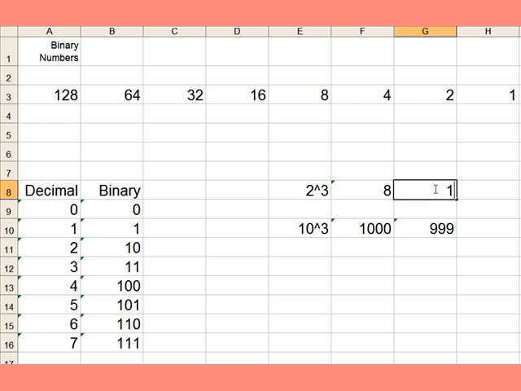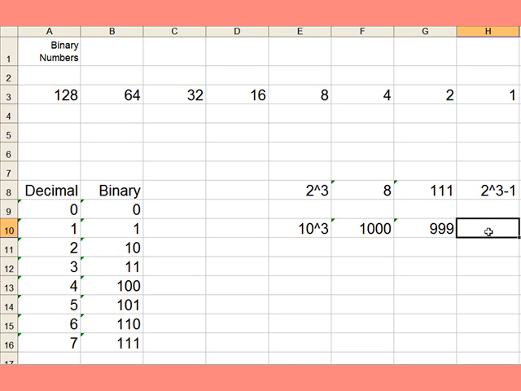And in binary, 111 is the largest value you can represent in 3 binary places. 2 to the power of 3 is 8, and 10 to the power of 3 is 1000. So we might say that the largest value you can represent is 2 to the power of 3 minus 1.